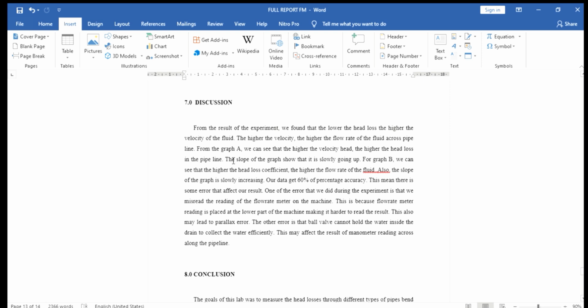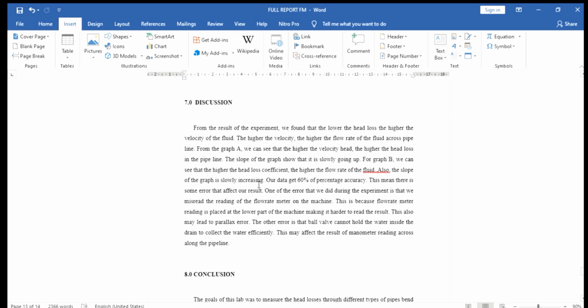The slope of graph A shows that it is slowly going up. For graph B, we can see that the higher the head loss coefficient, the higher the flow rate of the fluid. Also, the slope of the graph is slowly increasing.